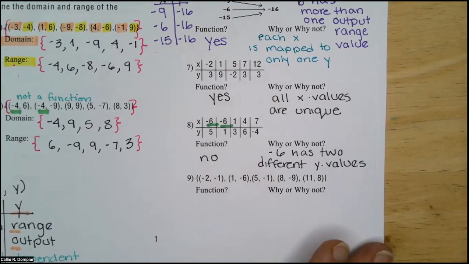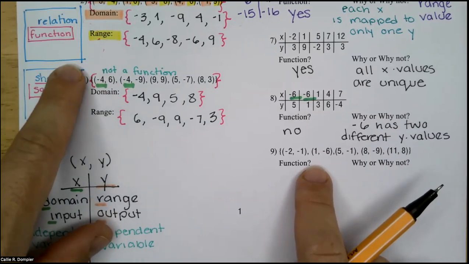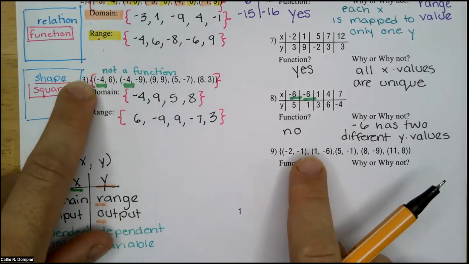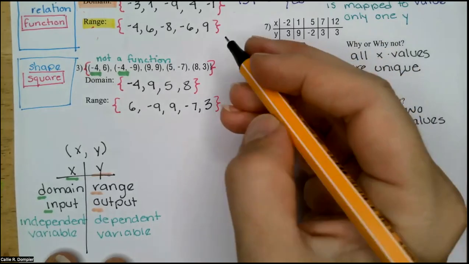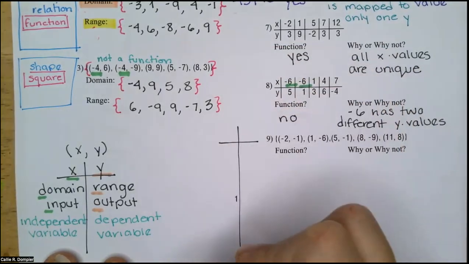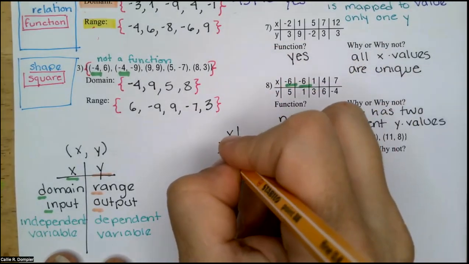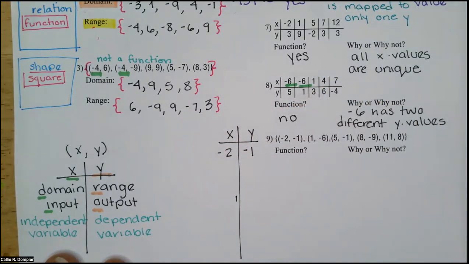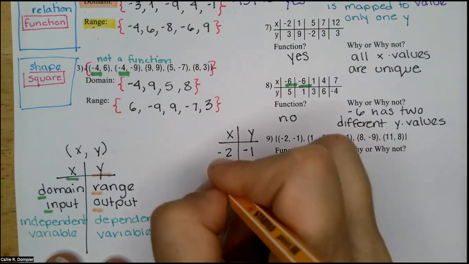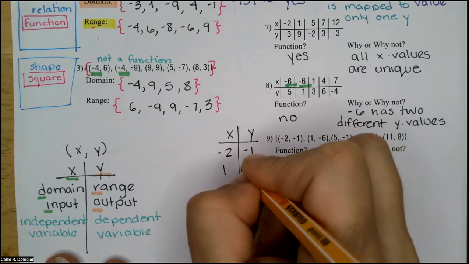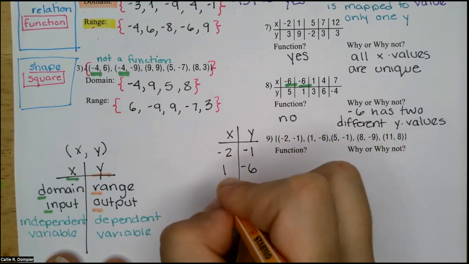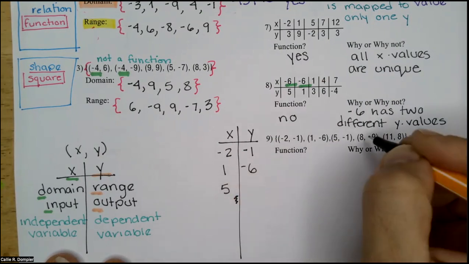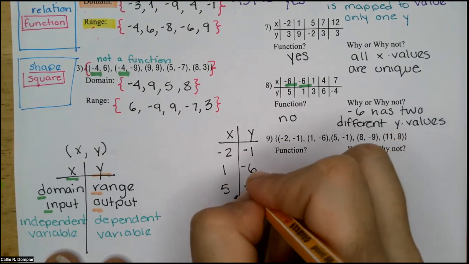Okay? These guys, we're looking at them the same way we're looking at these. Okay? My domain is -2. My range is -1. My domain is 1. My range is -6. My domain is 5. My range is -1.